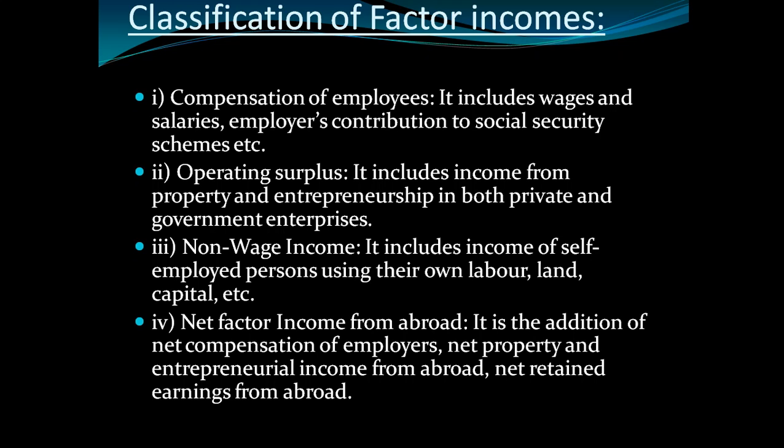Next, non-wage income, which includes income of self-employed persons using their own labor, land, capital, etc. And the fourth one, net factor income from abroad. That is, it is the addition of net compensation of employees, net property and entrepreneurial income from abroad, net retained earnings from abroad. So this is the net factor income from abroad.